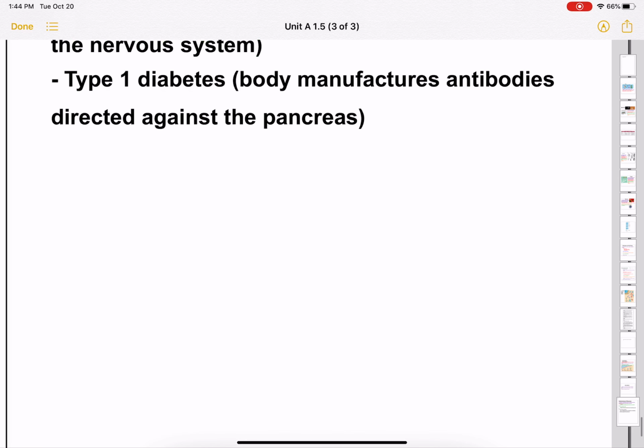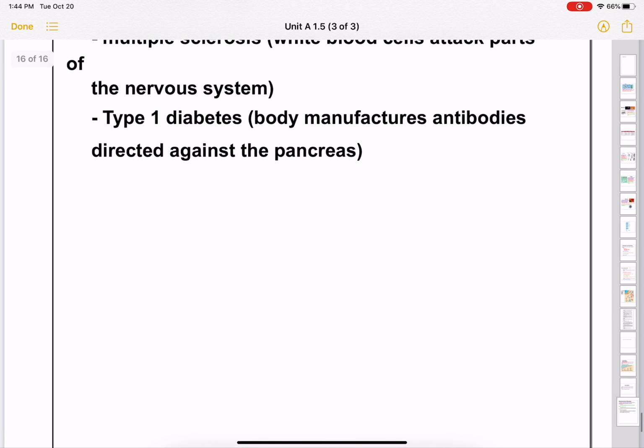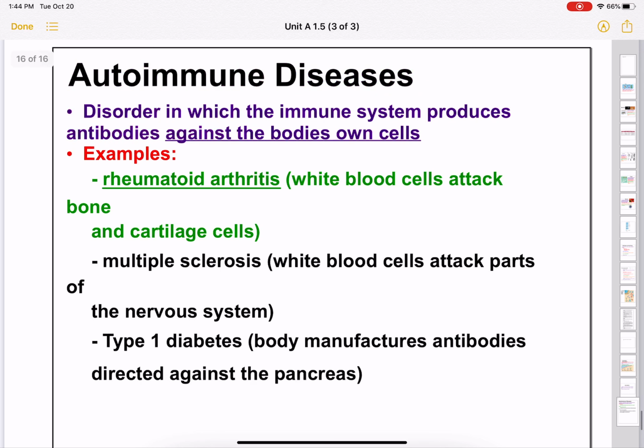So not good for any of those. There are millions of autoimmune diseases, but those are 3 common ones that you might have seen in your life. And these are all things where your body is attacking its own self, thinking it's an invader when it might not be. All right.